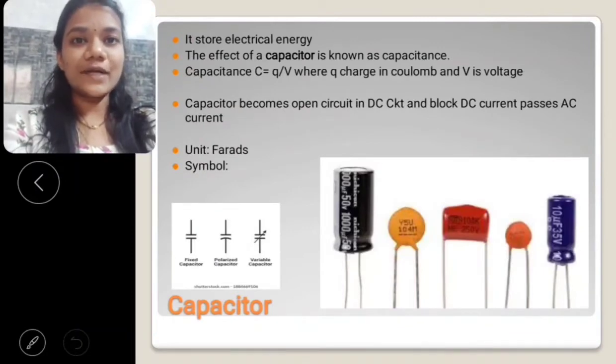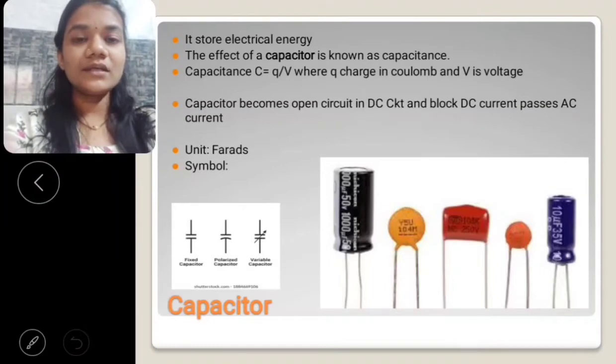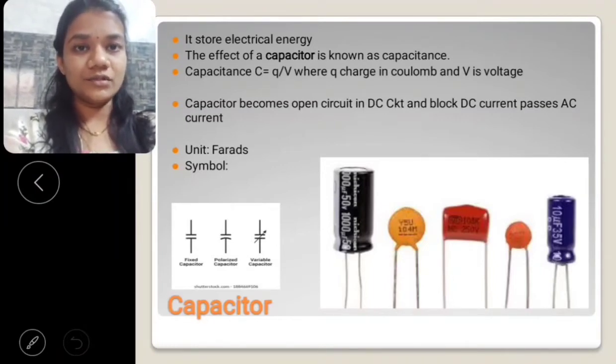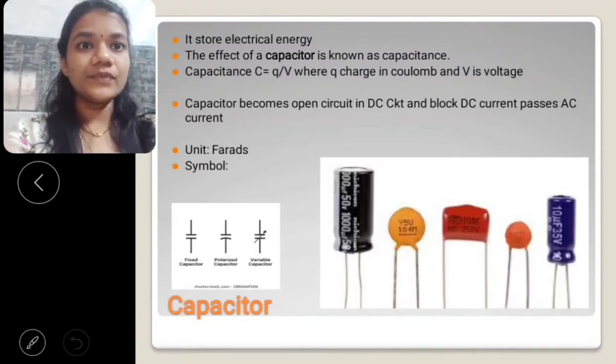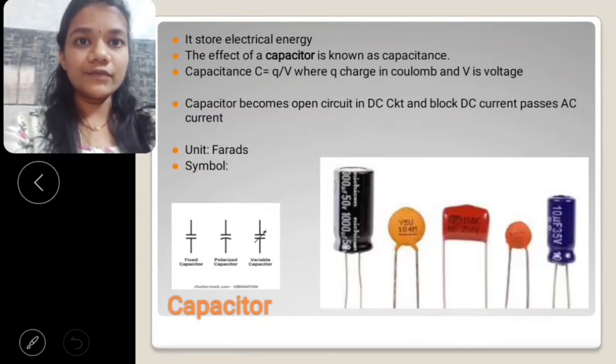The next is the capacitor. The capacitor is our second passive component. The main function of a capacitor is to store electrical energy. The effect of a capacitor is known as capacitance, just as a resistor provides resistance.